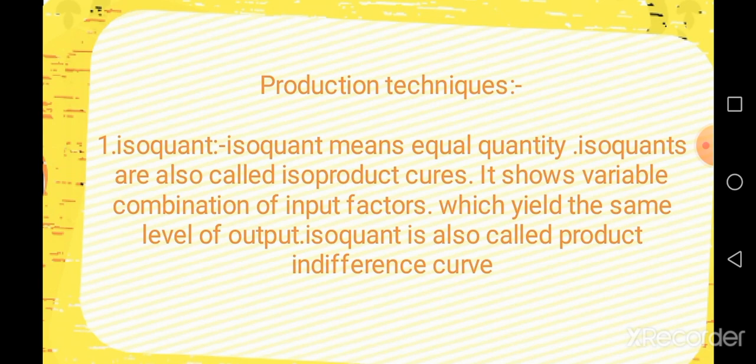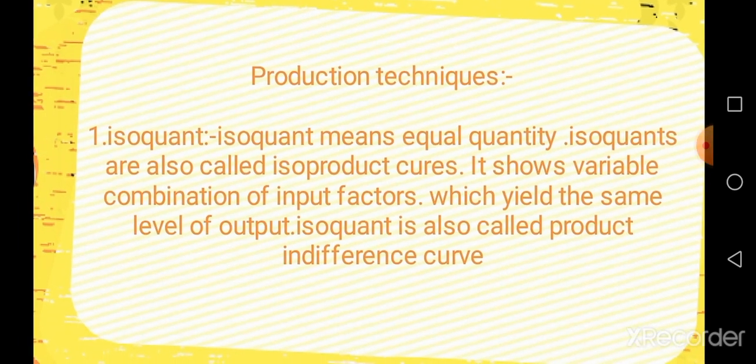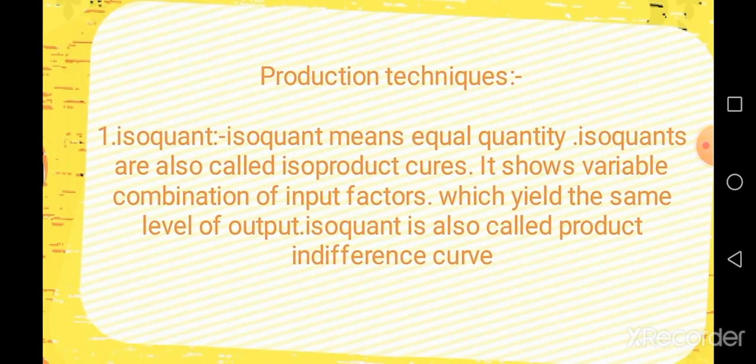So in this isoquant, the combinations are our choice. The combinations depend upon the company's choice. That is, if you want to increase the labor or decrease the land, that is your choice depending upon cost.